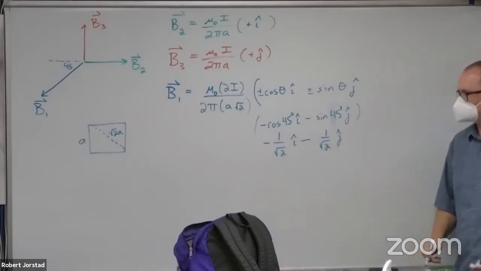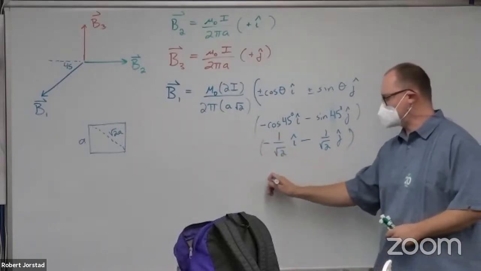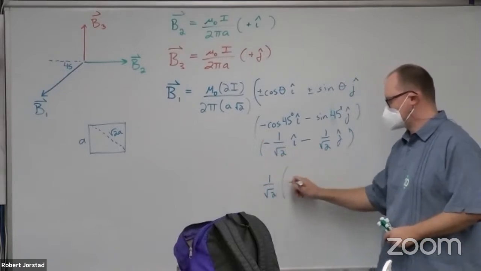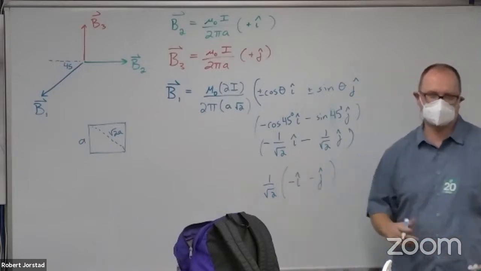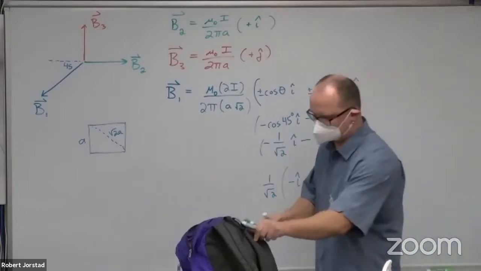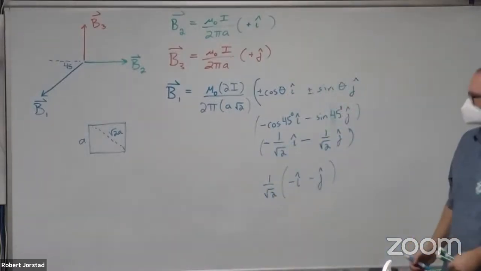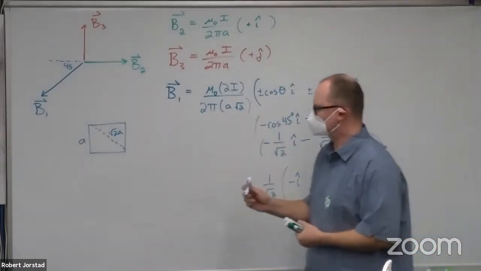All right. So out of all that, you see that you could factor it out. The direction is 1 over root 2 times negative I hat minus j hat. That's the difference. Cool. So when I do that, you see this root 2 is going to combine with there. What do we get for this one?